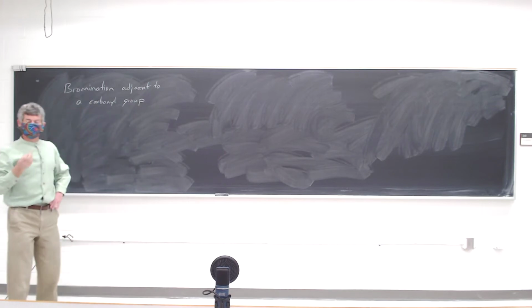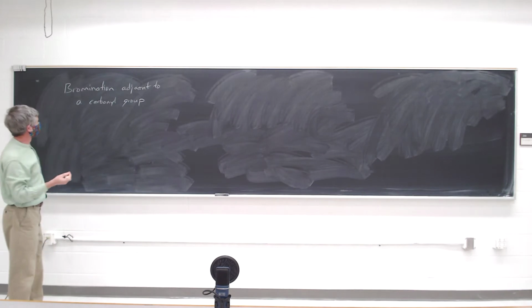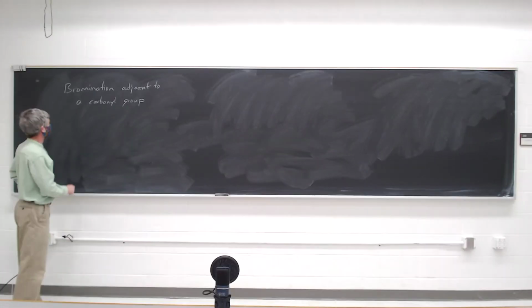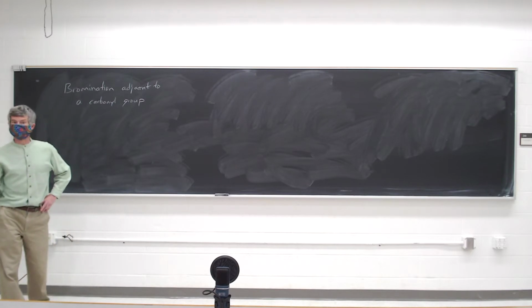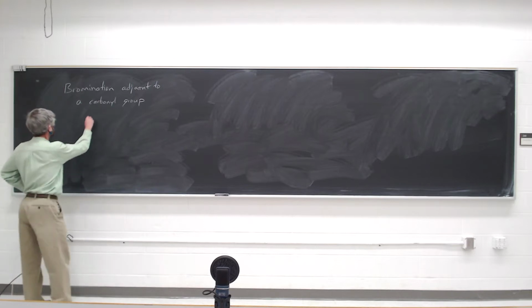And you can actually brominate next to carbonyl groups in aldehydes and ketones, as well as carbonyl groups in some of the carboxylic acid derivatives. So I'm going to do these in kind of the reverse order that I did them on the pre-recorded videos.